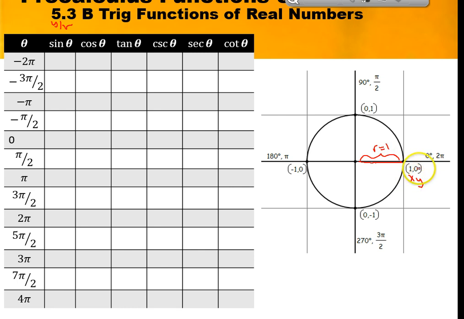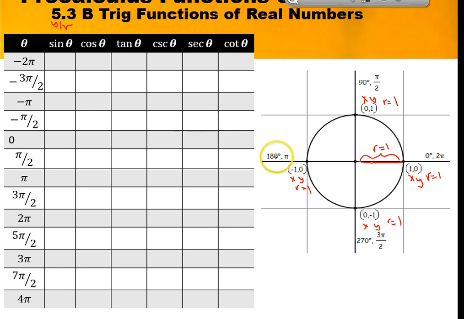So for all of these, there are x, y, and r is 1. Here this is x, this is y, and r is 1. And then x, y, and r is 1. And here x, y, and r is 1. Okay, and so sine is y over r.